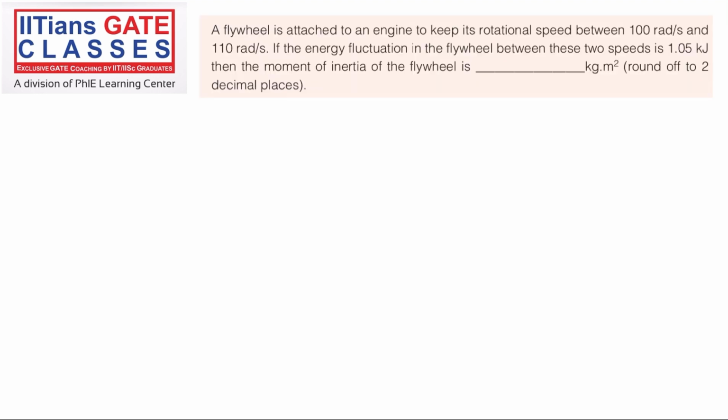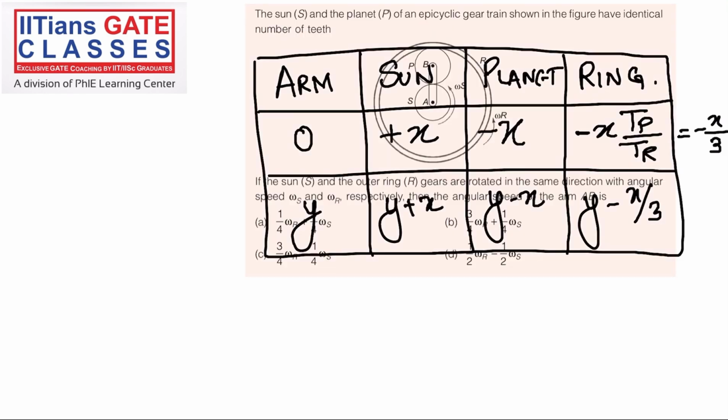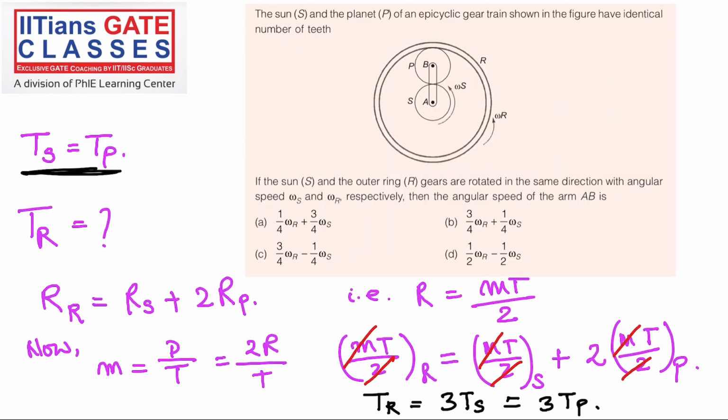Okay, let us see what exactly is given in question. It says that the sun gear and the outer ring gear are rotating in the same direction with angular velocity omega s and omega r, then the angular speed of the arm AB is.